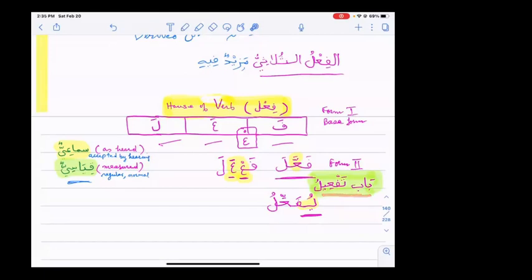Fa'ala, then it has Bab Tafa'ilun. That is the pattern of mastar. There is one more, but start with one only. Bab Tafa'ilun is the mastar. So, for example, I give you fa'ala. What is the mastar?